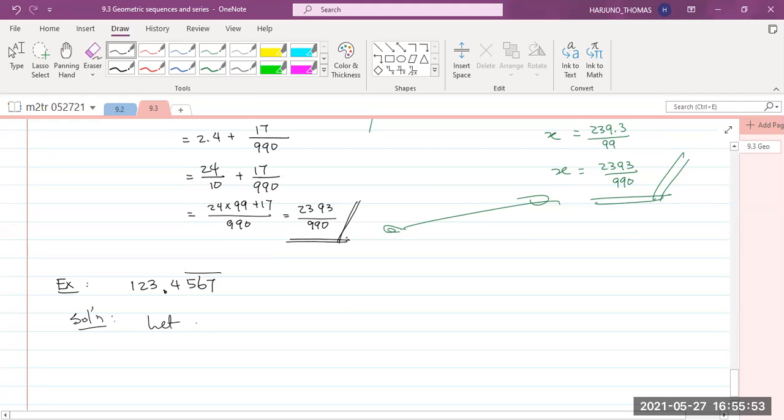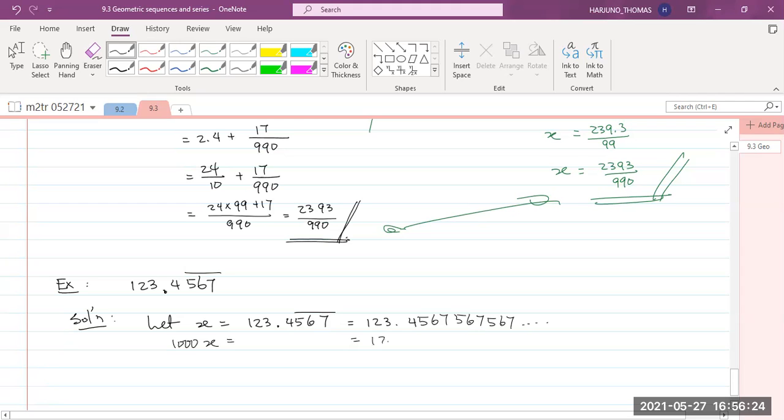Let x equal that number. Because three digits repeat, I multiply by 1000 on both sides.